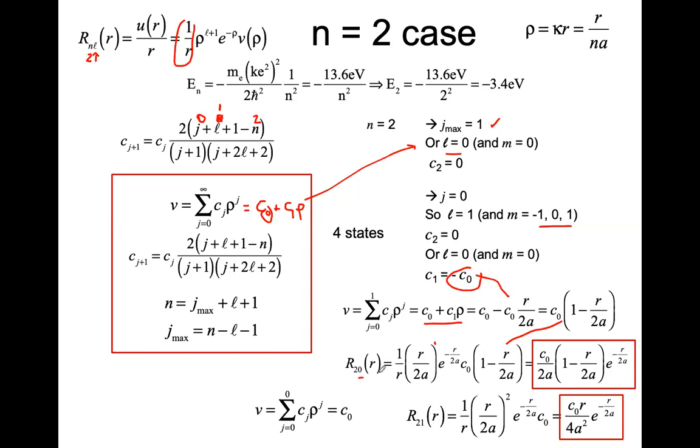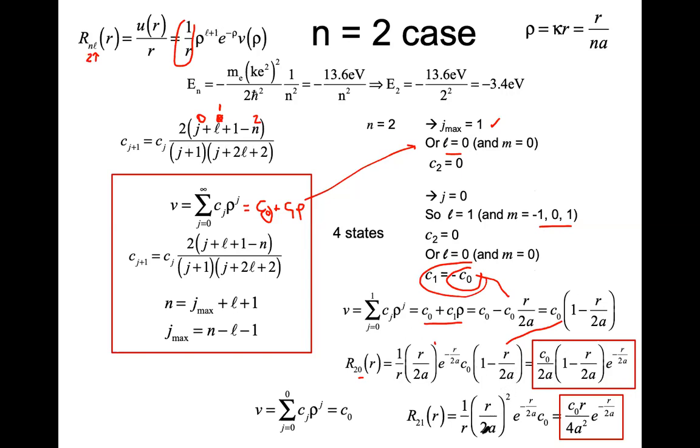All right, so what about the other case? What about R21? R21 would be 1 over R and be rho, but now I can have an L equal to 1. This actually should be up there, I think. I don't know why I wrote it down there. In this case, L could be equal to 1. And so up here I have 1 plus 1. That's why I put 2 times rho.